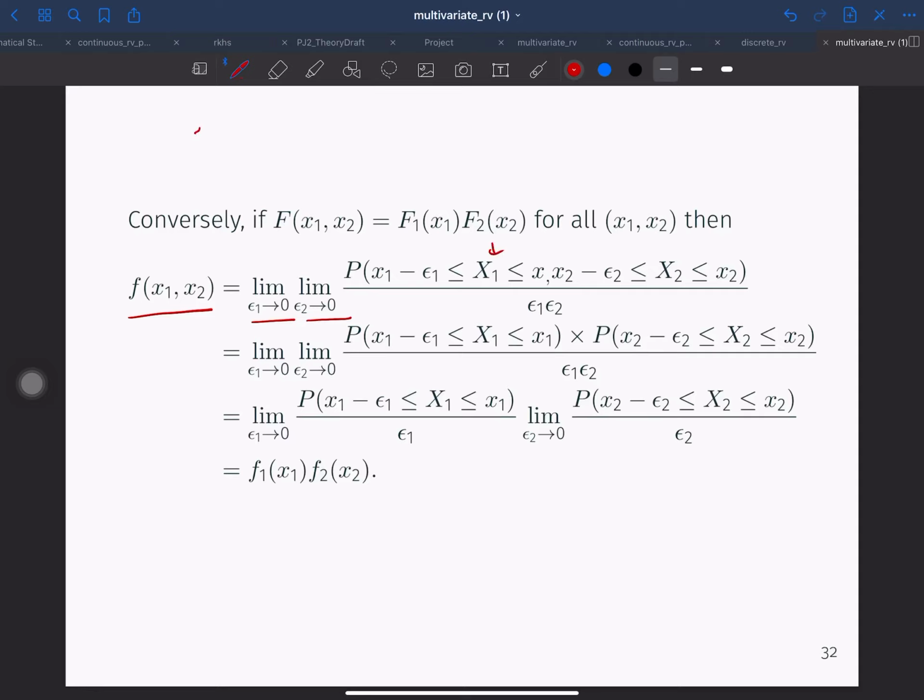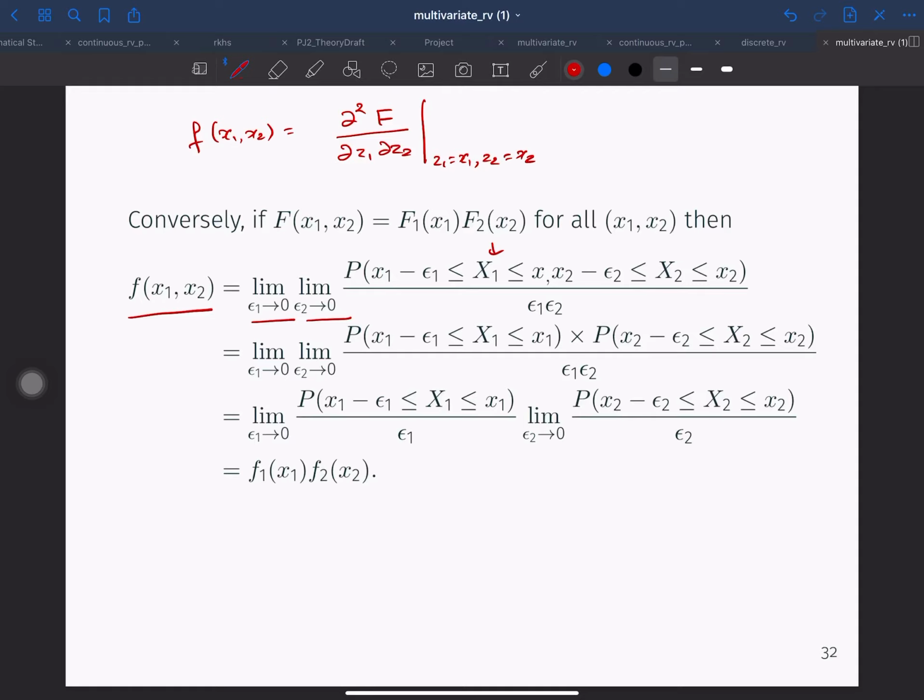So in the sense, f of x1, x2 can be written as the partial derivative of the cumulative with respect to first, say z1, and then z2, and then evaluate at z1 equal to x1 and z2 equal to x2, which is what we did here.